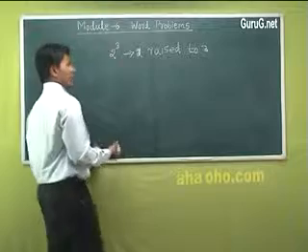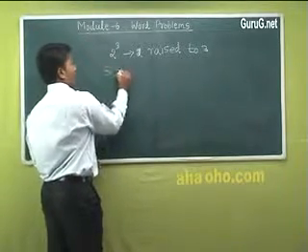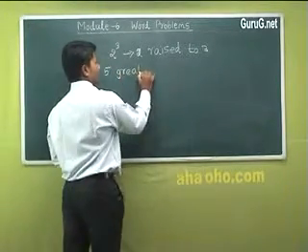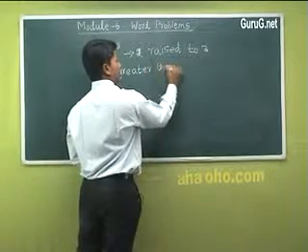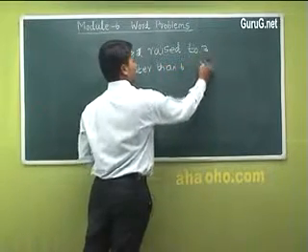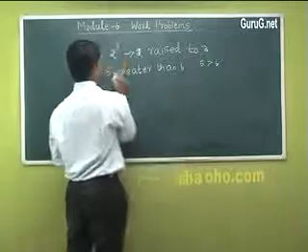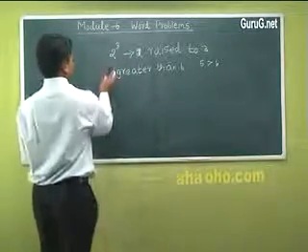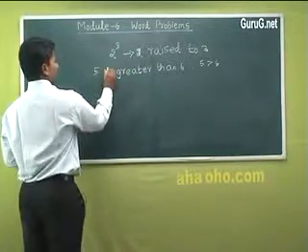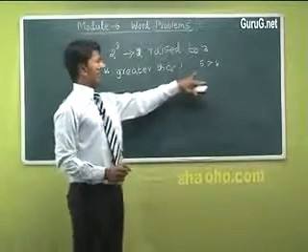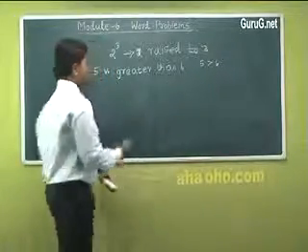Or another way, 5 greater than 6. That is, 5 is greater than 6. This can be represented as 5 greater than 6.